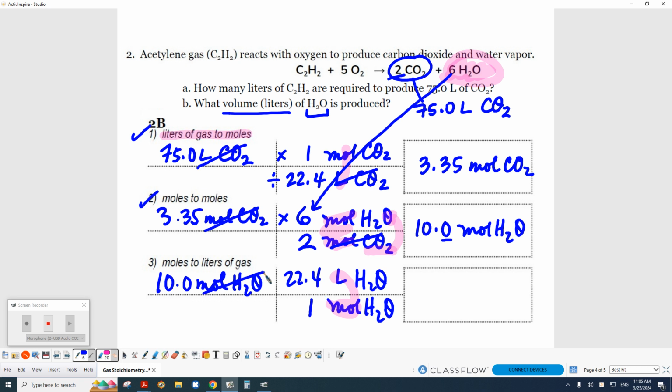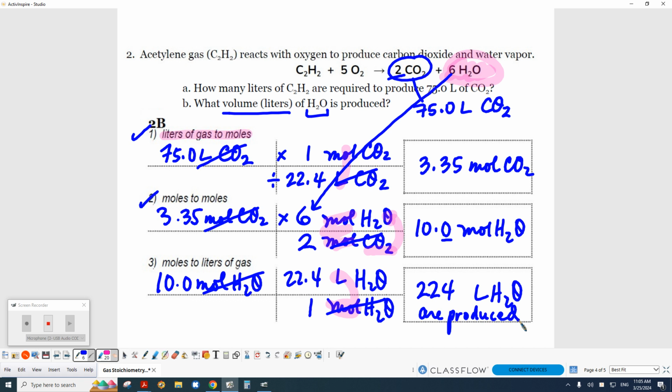And moles of H2O cancel out, and we're left with liters of H2O. And if we use our calculator, we find out that that's 224 liters of H2O are produced. And that's the answer for 2B.